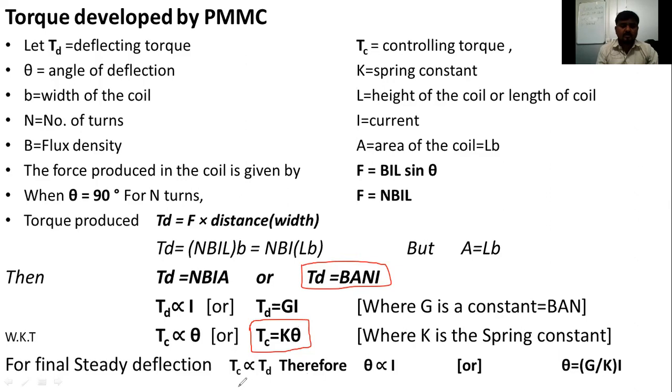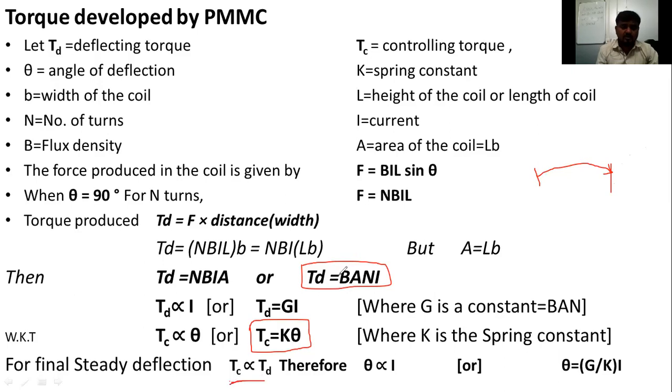We know that the deflecting torque and the controlling torque are equal in magnitude but opposite in direction. So TC is equal to TD.